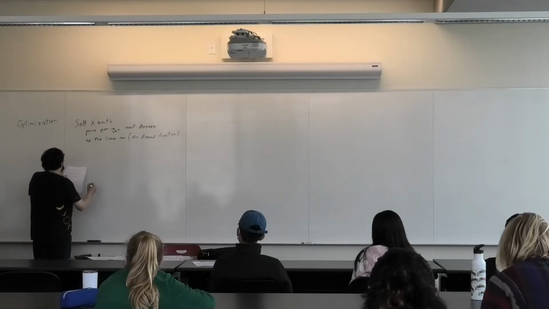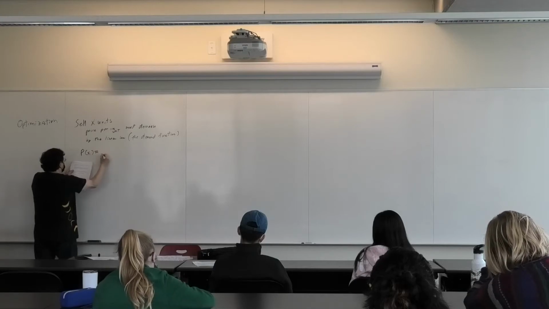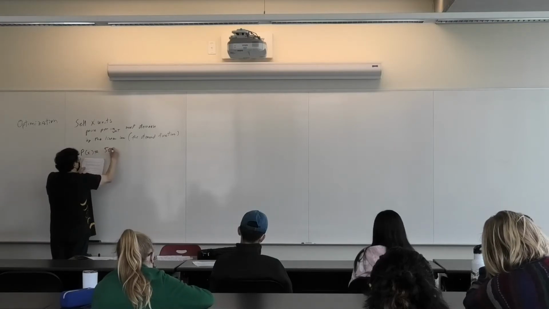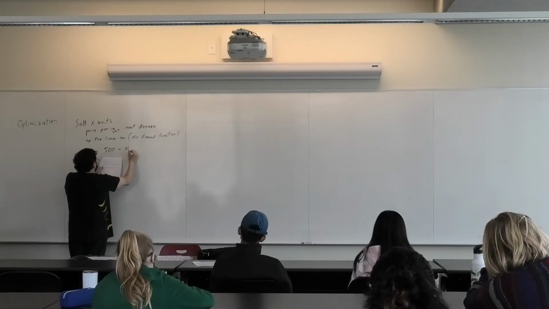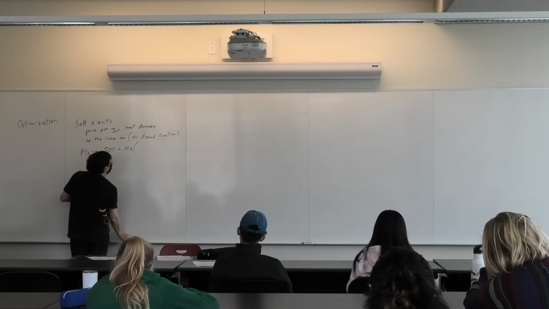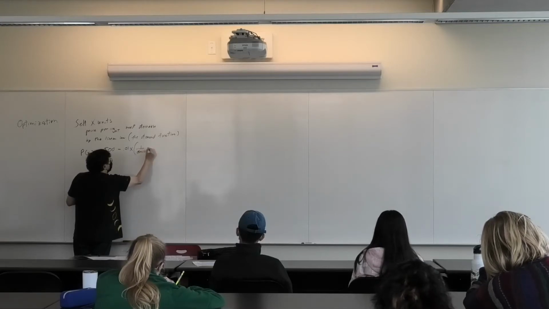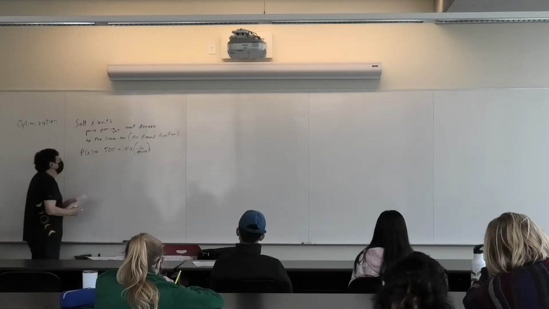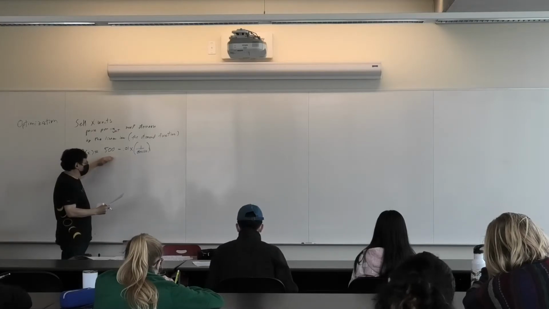So we have an equation for that: P of x equals $500 minus 0.01x per device. So with each unit we sell, the price gets a little lower.